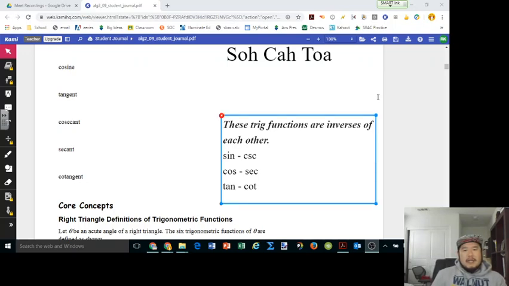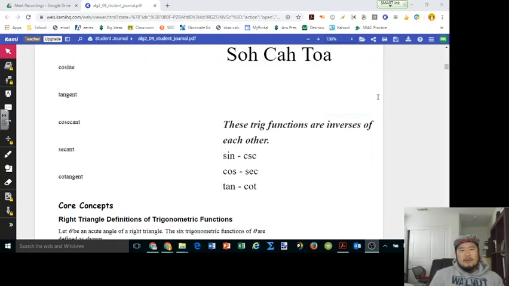Next to sine, I have CSC, which represents cosecant. For cosine, the inverse is secant. And for tangent, the inverse is cotangent. So it's important to memorize which functions are inverses of each other.